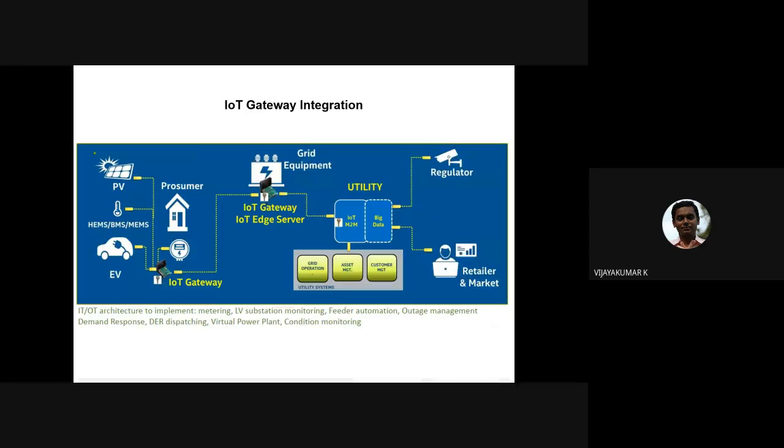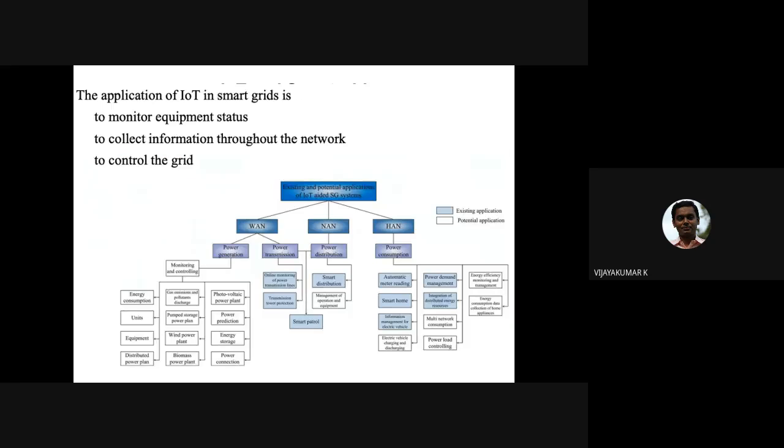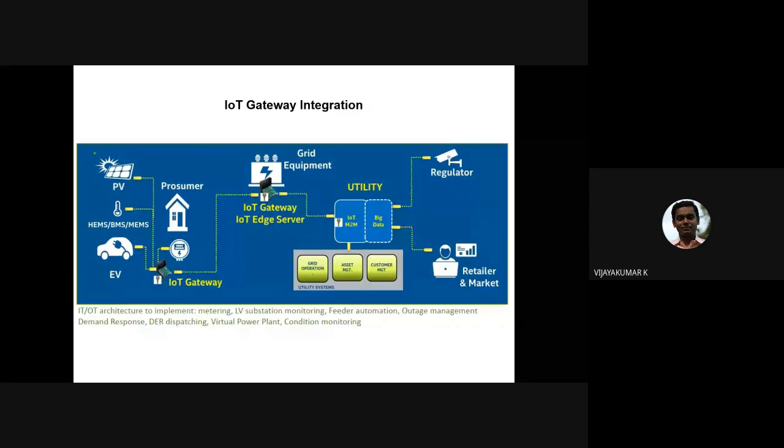In this, the prosumers and smart meters are connected, so we can collect the data and send it to the data concentrators, and from the data concentrators to the cloud, or you can say the server. The regulators and retailers can access that data.